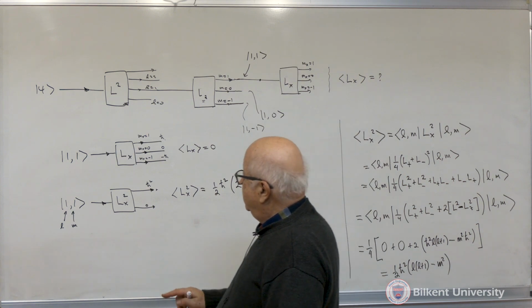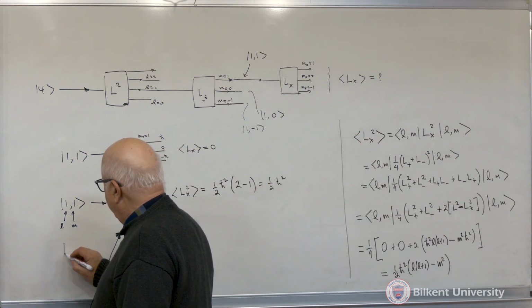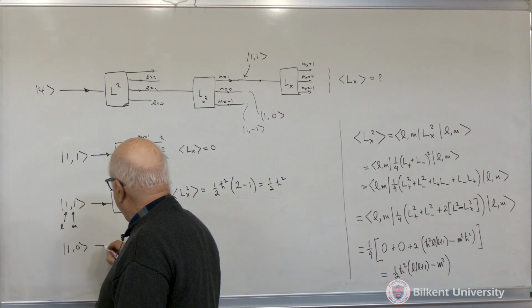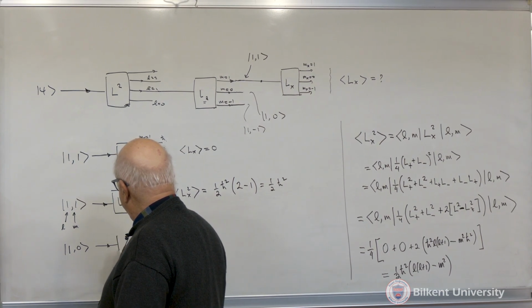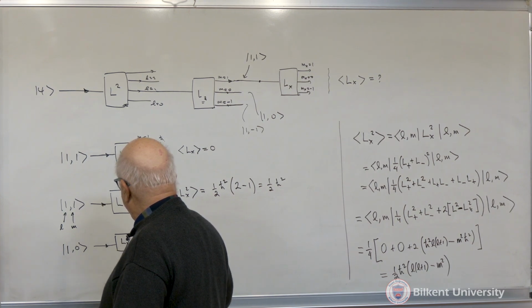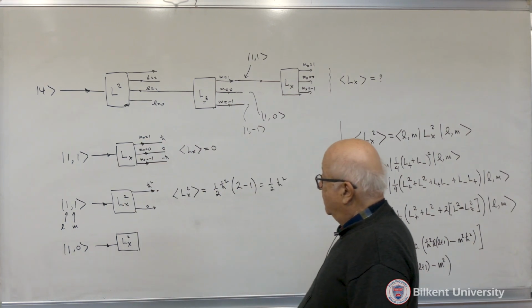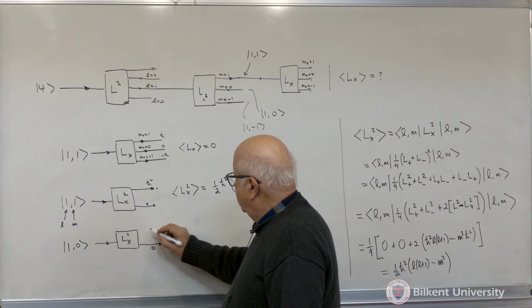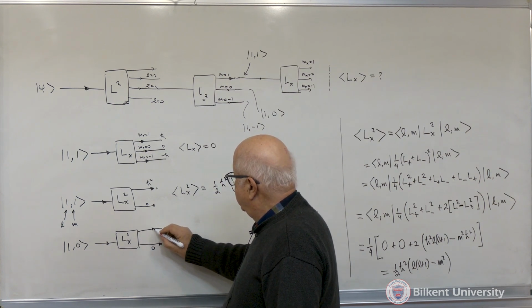Let's see what happens when I feed in a 1, 0 state, for example, and measure Lx squared. Again, the possibilities are either I get 0 or I get h bar squared.